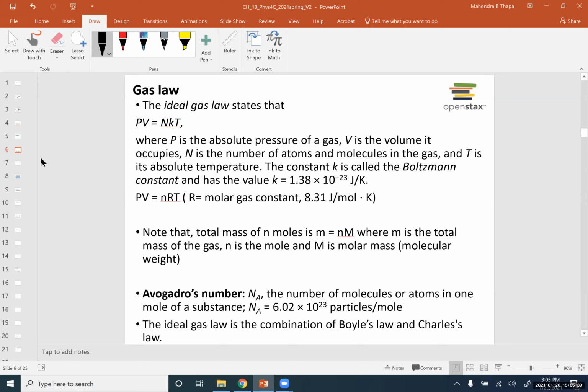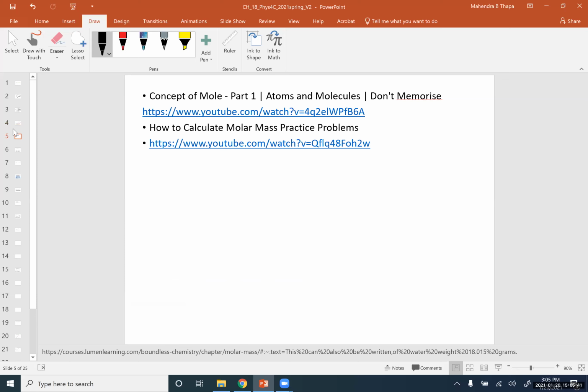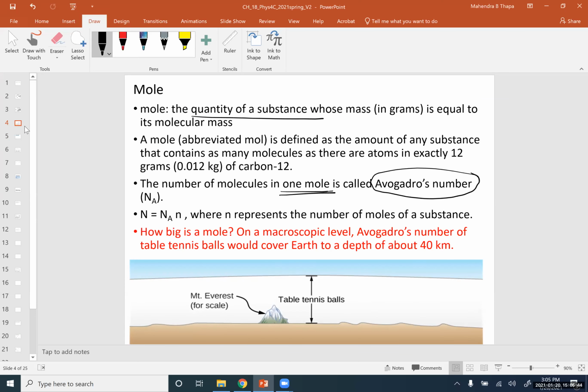So every mole of substance will consist of 6.02 times 10 to the power 23 molecules. This is the definition of the mole: the amount of substance that has exactly that number of molecules.